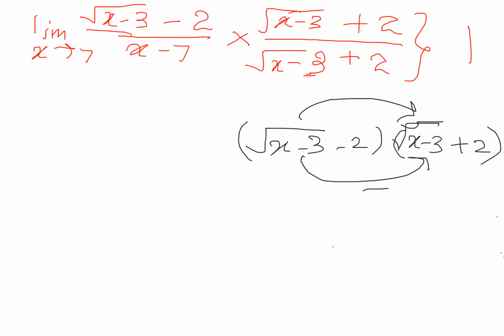And then for the other terms, multiplying the first bracket's second term with the second bracket's first term, and the first bracket's second term with the second bracket's second term. Sorry, very sorry, I mean the second term's first, second bracket's first term.